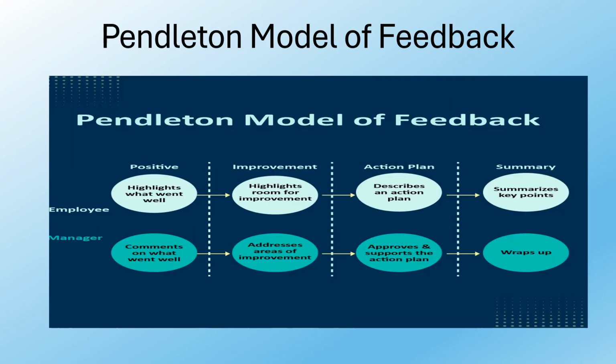In this model, as depicted in this diagram, where the employees should be replaced with trainee, and the manager with the trainer or supervisor, you find there are 4 columns there: positive, improvement, action plan, and summary.